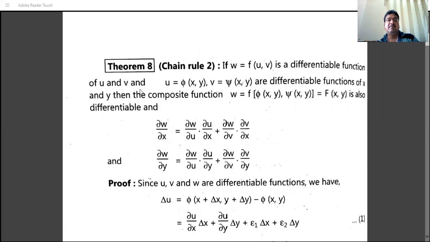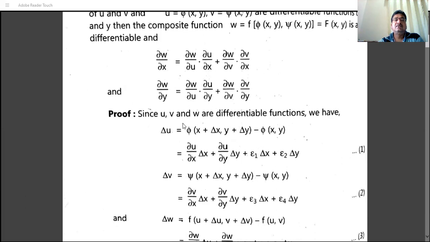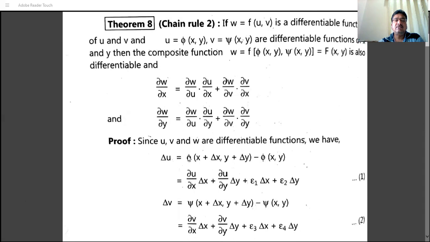And dou w by dou y is dou w by dou u into dou u by dou y plus dou w by dou v into dou v by dou y, because w is a function of u and v, which are functions of x and y. So we have this, and now the proof of this chain rule.